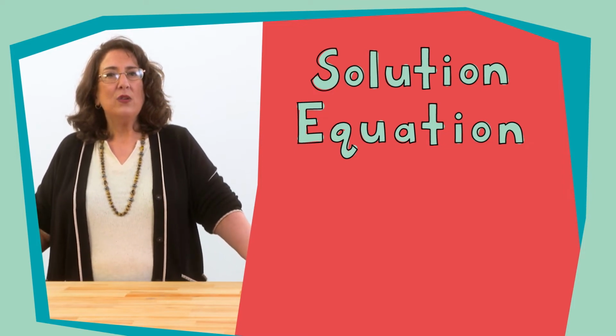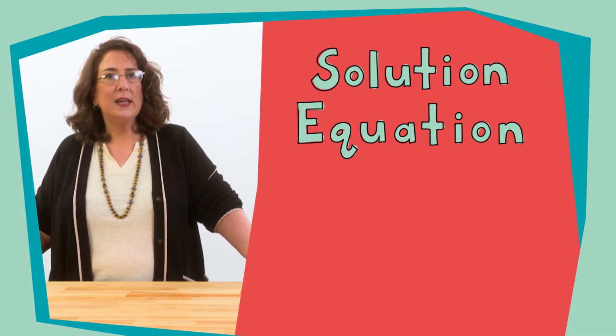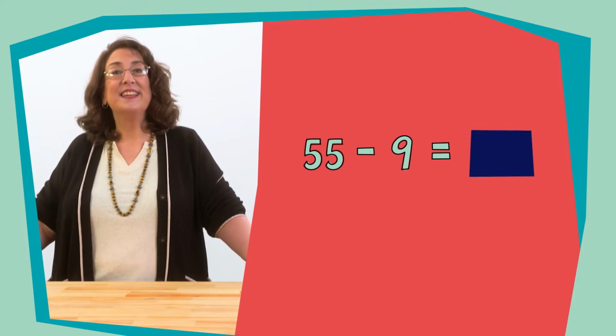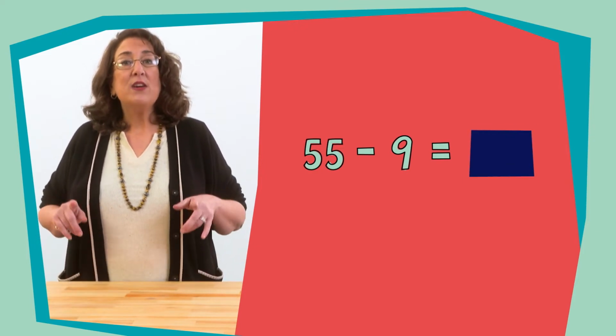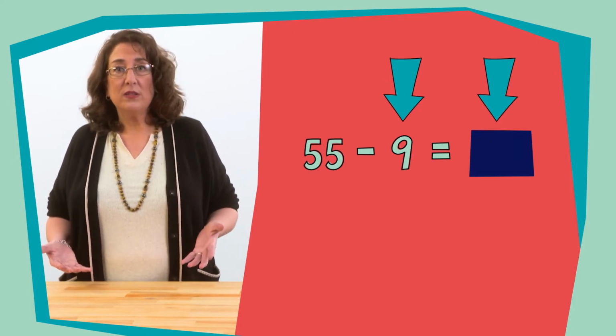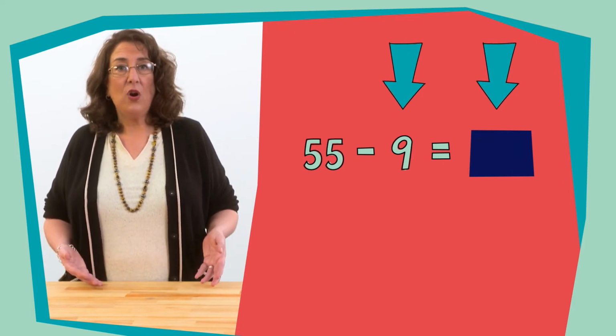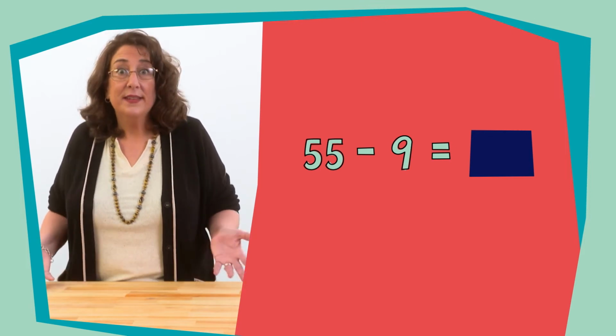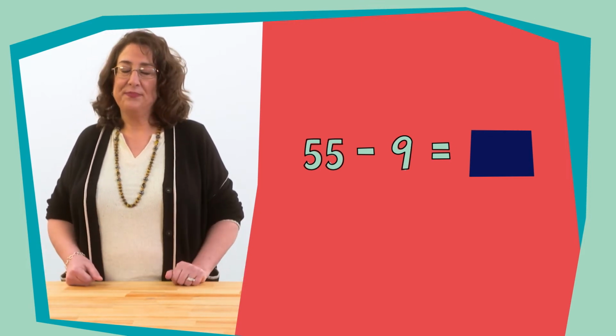What would an equation be that represents how we can get the answer we're looking for? I heard you say 55 minus 9 equals blank. That's right. Because if we take away either partner or part of a whole, then we're left with the other part. That's why they're called partners.